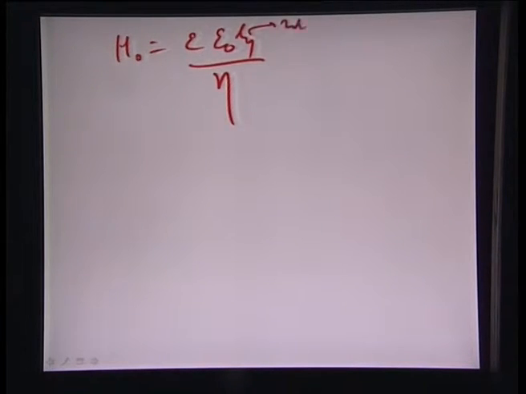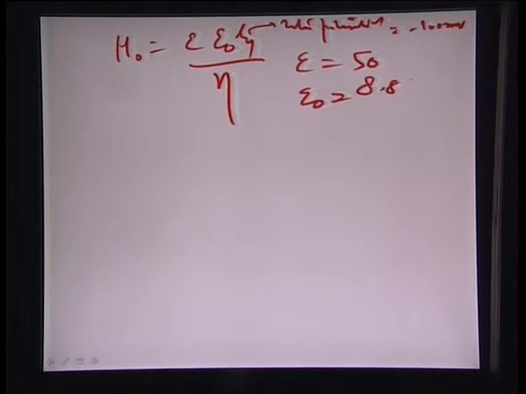Zeta, the zeta potential of the surface, is given as about minus 100 millivolts, and the dielectric constant epsilon has been given as 50. The permittivity of vacuum has been given as 8.85 times 10 to the power of minus 14 farad per centimeter.